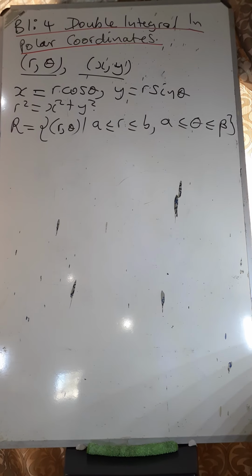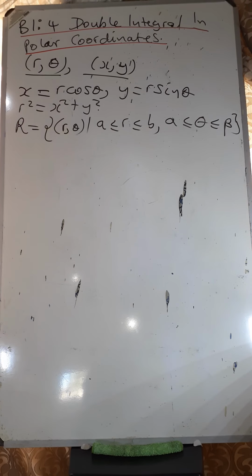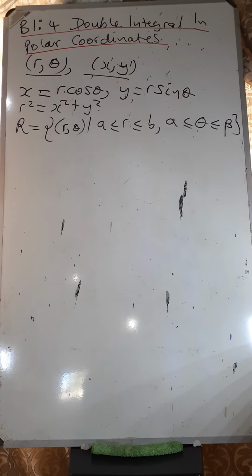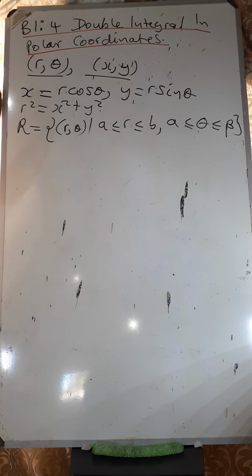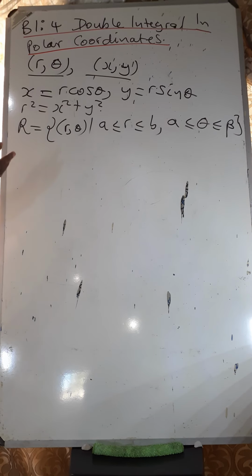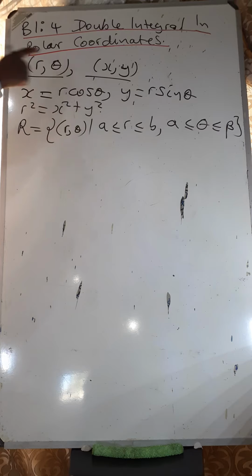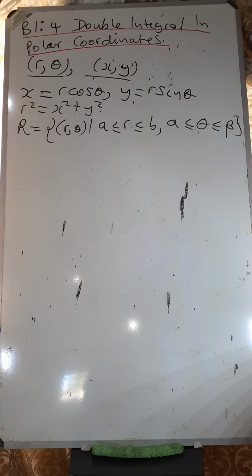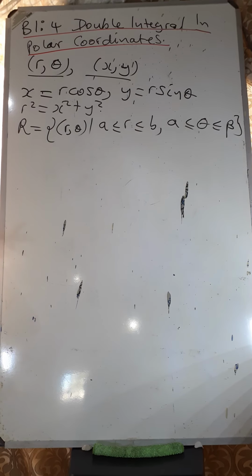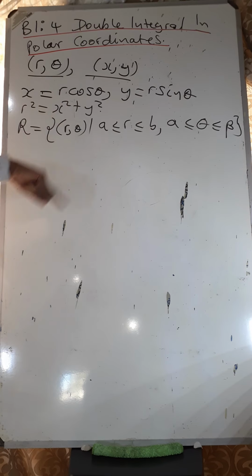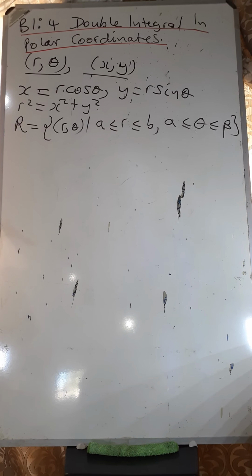Now r is the radius, which is ranging from a to b. Then theta is the angle generated by the radius as it moves around a circle.